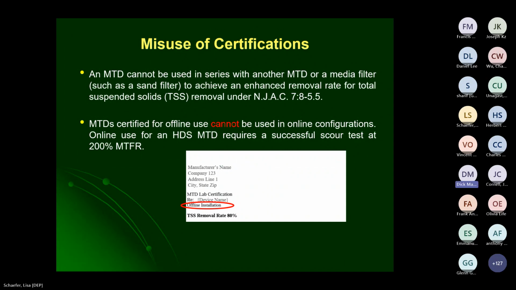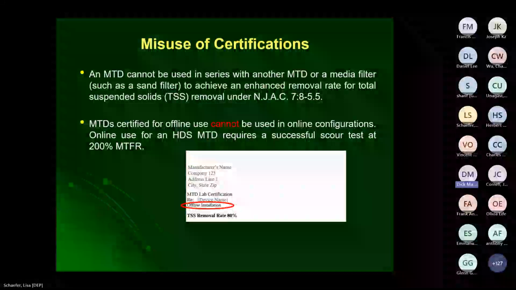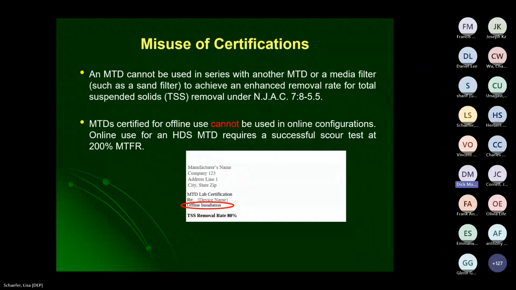And I've had that question asked to me because the whole idea of online and offline depends upon worrying about scour. You don't want to put a system in an MTD where if you exceed the flow rate at which it was certified, say by 200%, for example, for HDS, that you're going to scour out all the sediment that you already collected.